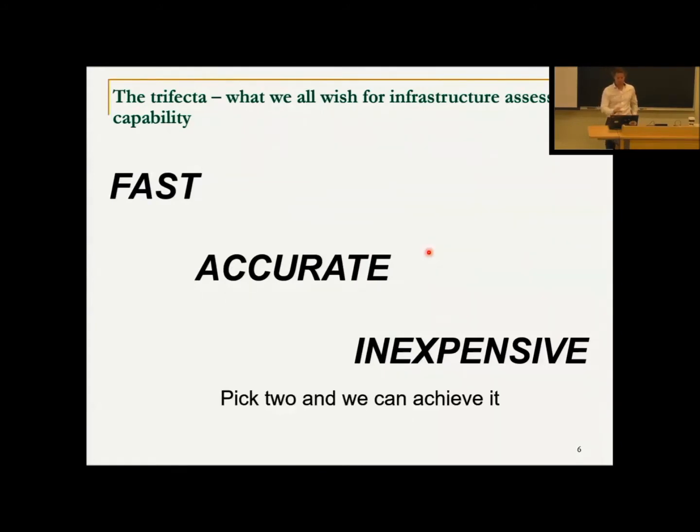Perhaps we can select two of these things and achieve it. It can be fast and accurate, but not inexpensive. Or it can be fast and inexpensive, but not accurate, right? So the challenge that we have as researchers and practitioners in this field is to develop technology that achieves all three, the trifecta, right? We're not there yet.